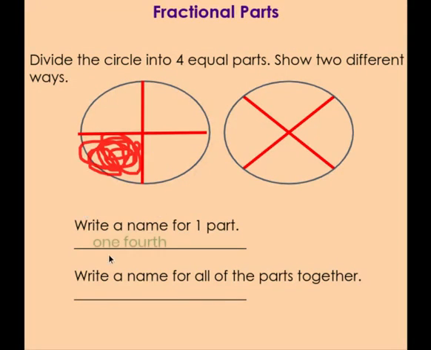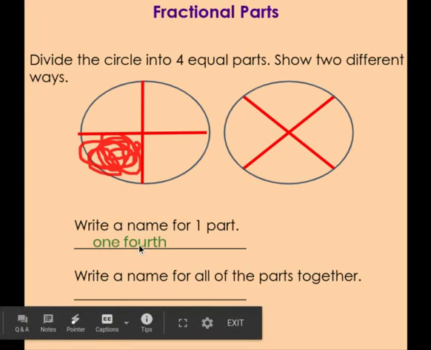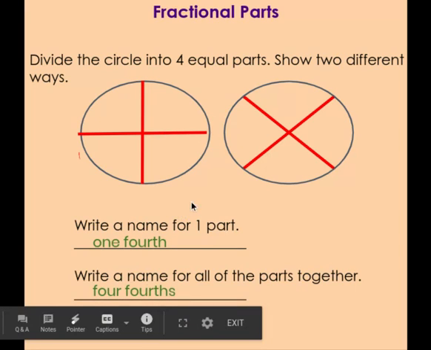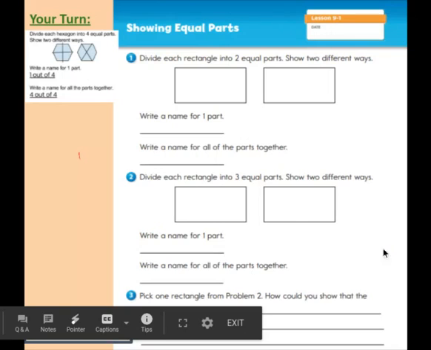I could call that 1/4. If I want to name all of my parts, I could say that's 1, 2, 3, 4, 4/4. 4 out of 4 total parts, or that's also called a whole.